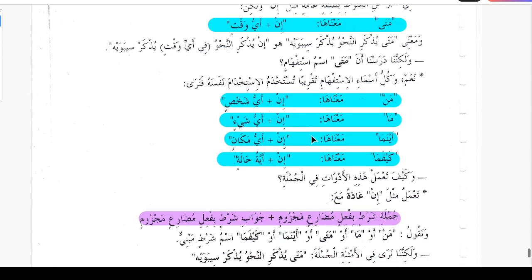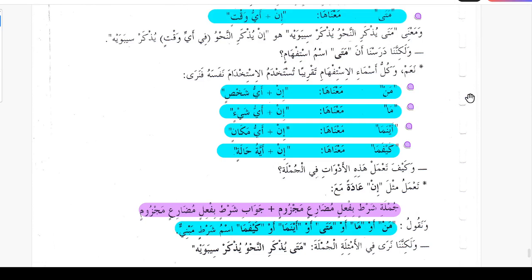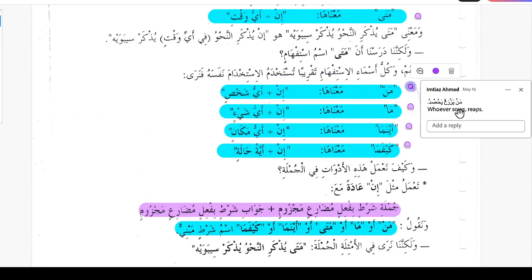So let's understand these with some examples. Mata, we have already gone through this example. So man, let's look at this example: man yazra yakhsud, whoever sows, he will reap.